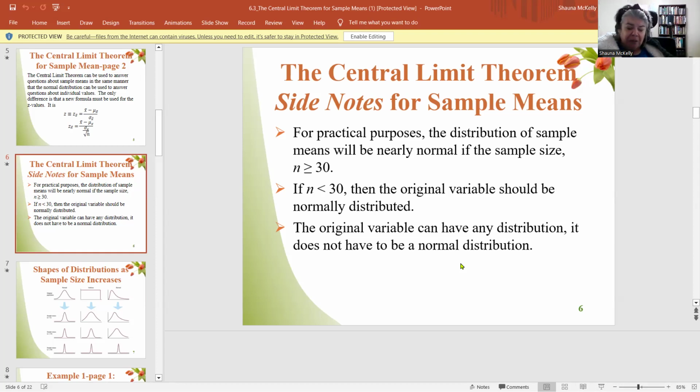If you start with something, let's say, right skewed, and you don't take enough samples out of it, maybe you only take 10 or 12, then chances are that's not going to be normal and this technique is not going to work. But if you start with something normal, the distribution of sample means from that will always be normal and will always be bell curve. Okay.